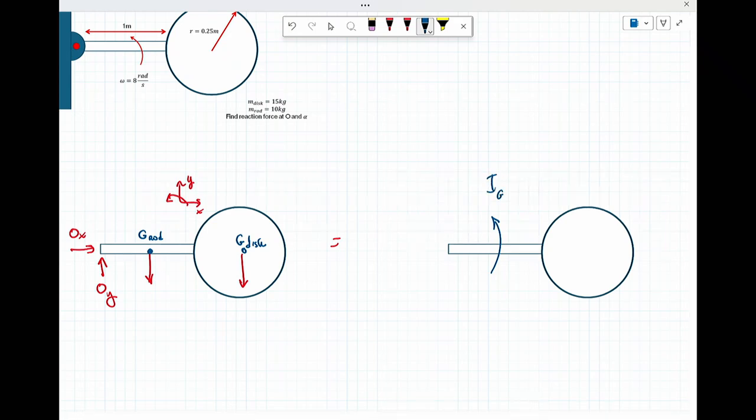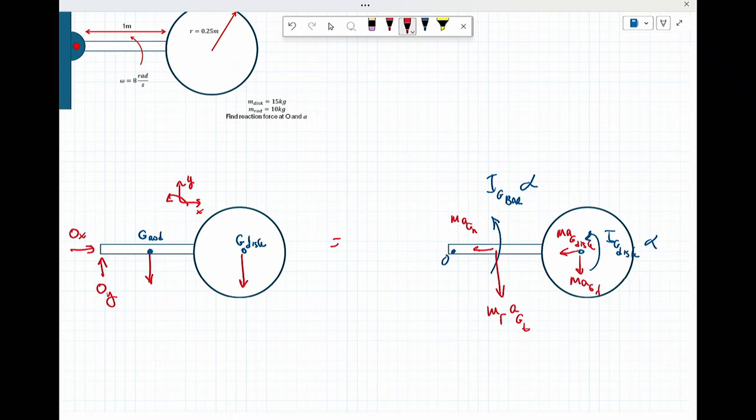I_G bar alpha and I_G disk alpha. And I have normal and tangential.